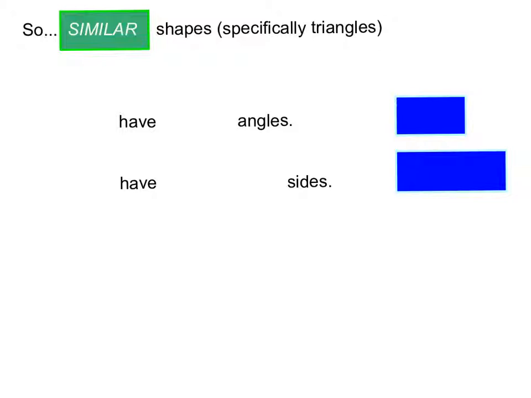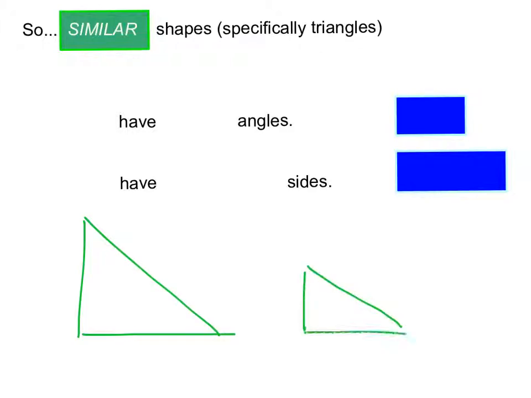So, similar shapes, and we're focusing specifically on similar triangles. If they're really close to being the same, we have this big triangle and this big triangle. They're really, really close to being the same. And so, one thing they do have exactly the same is our angles.